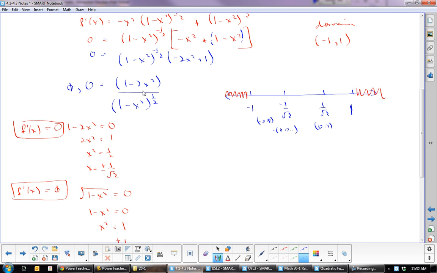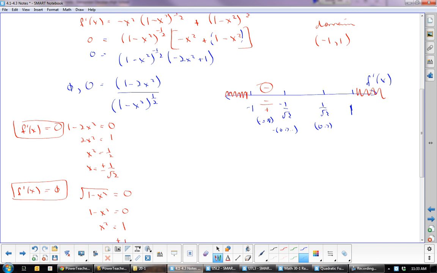Positive or negative? You do get a negative over, now if you do -0.8 squared here, but what do you know about this? It's got to be positive or else you can't take the square root of it. If you put in -0.8 in here, you will get a positive. So therefore this is a negative here. Well, I should label this as the f prime of x graph.